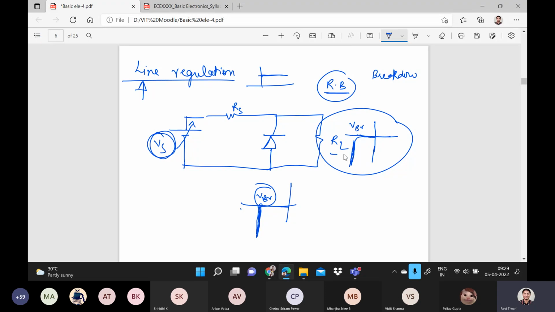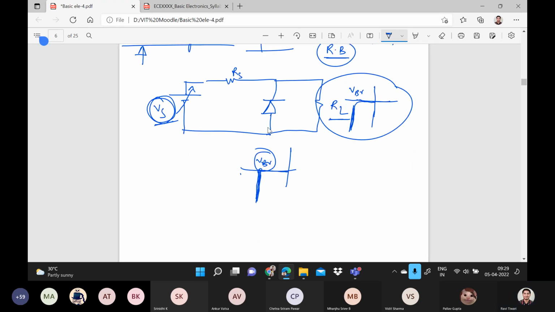As the voltage is constant across the load, even if you are increasing the source voltage, this Zener diode is working as a voltage regulator. So in this type of regulation, the series resistance and load resistance are fixed. So RL is fixed, and RS is fixed. So I can write down here, RS and RL are fixed, whereas you are changing the value of VS, either increasing or decreasing, right?